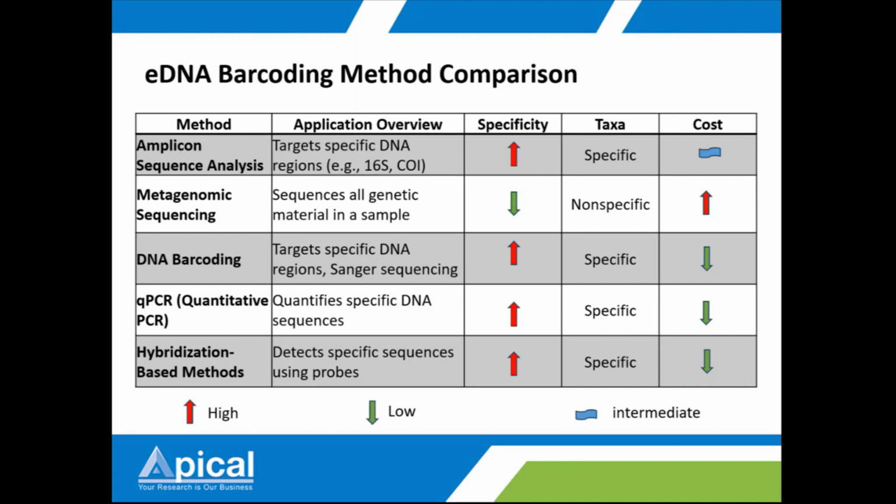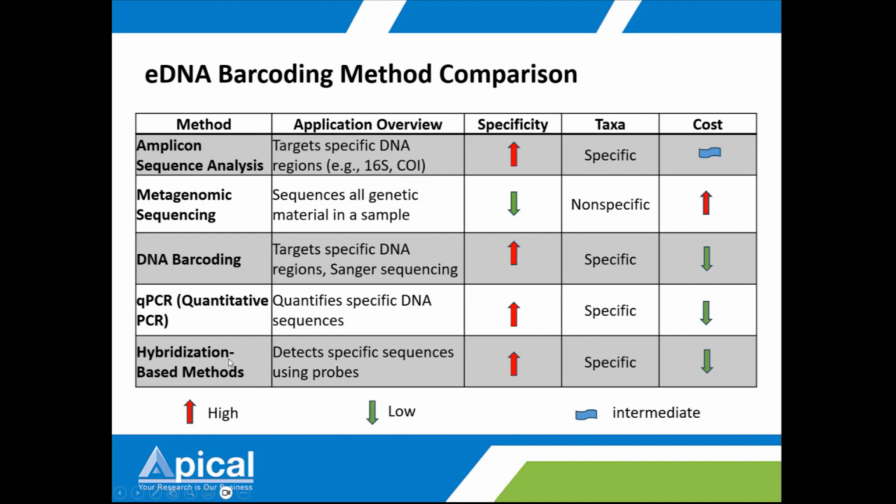So you need to know the information beforehand, and you need to design the primer. You need to know whether the primer used for qPCR will capture the target organism you're looking at. Since this is a small scale of analysis, the cost is also relatively small.